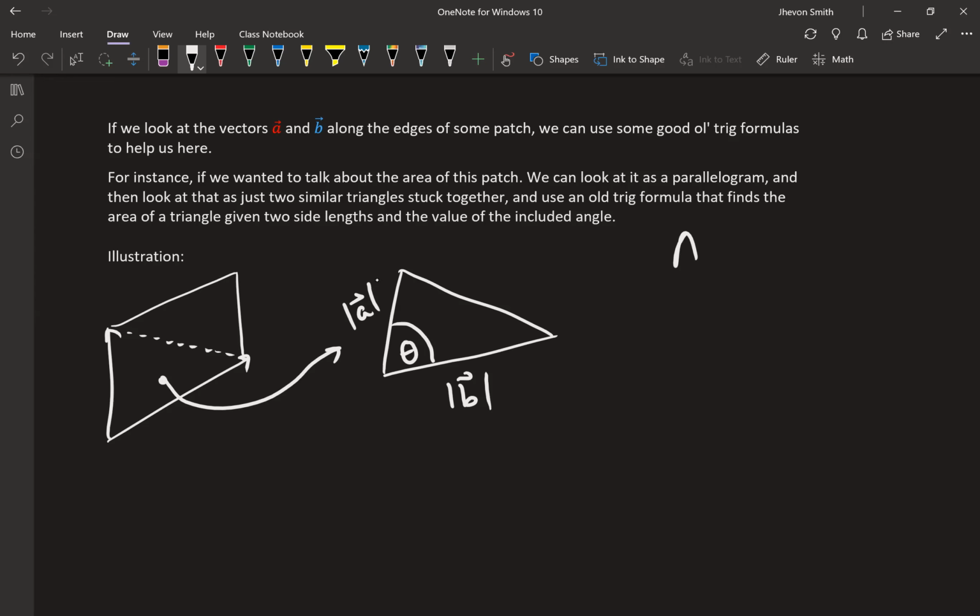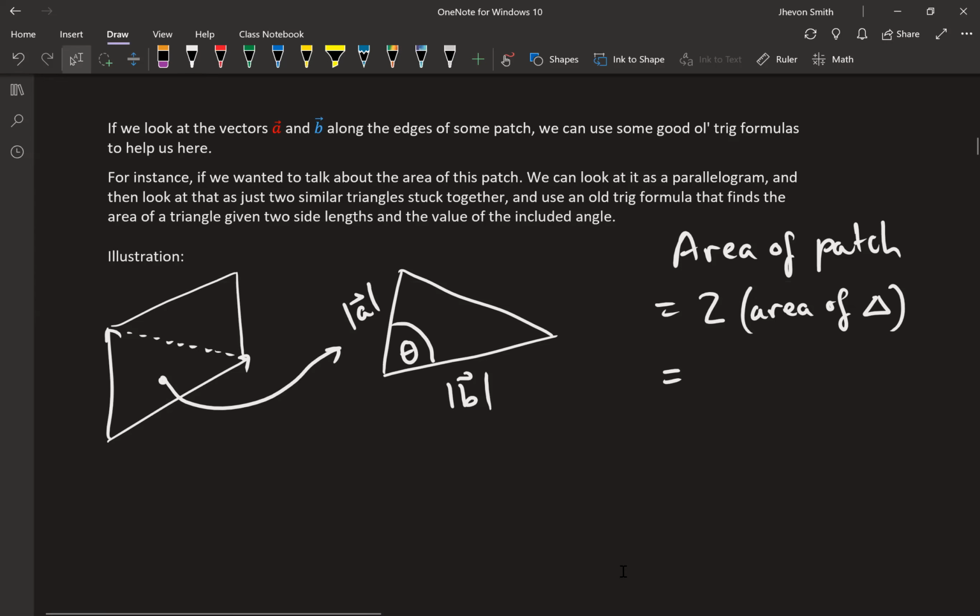And so the area of the patch is just going to be 2 times the area of this triangle. All right, where's my high school geometry people at? How do you find the area of a triangle when you know the length of 2 sides and an included angle? Do you remember how to do that?